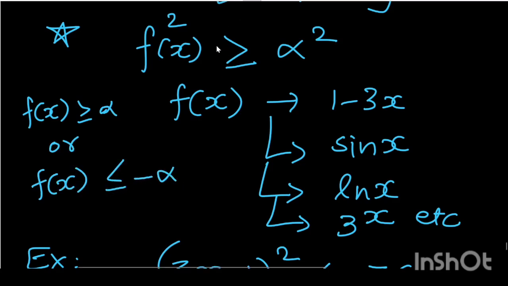This is again a generalized result of what? x square greater than or equal to alpha square. So x is replaced by f(x). f(x) can be a function, but we will use linear functions here only. Other things would be done later.